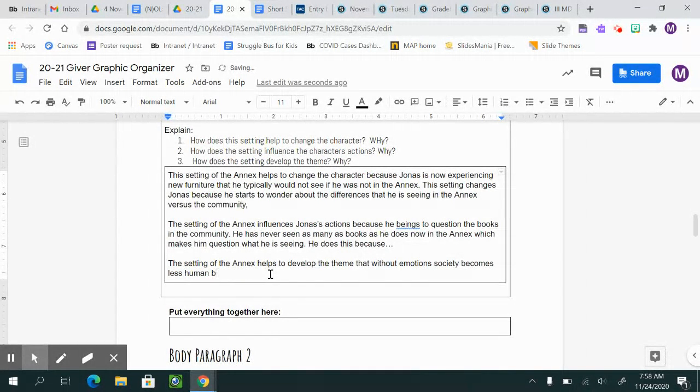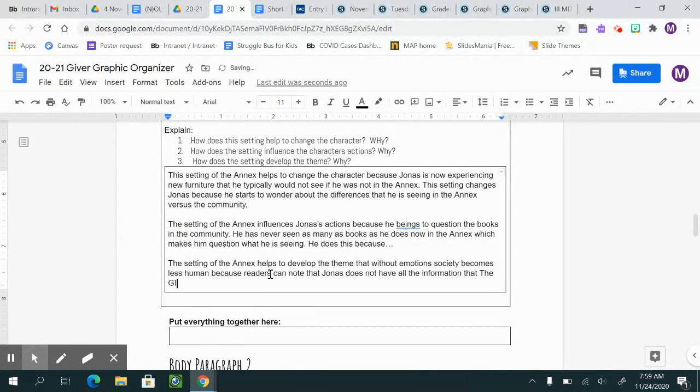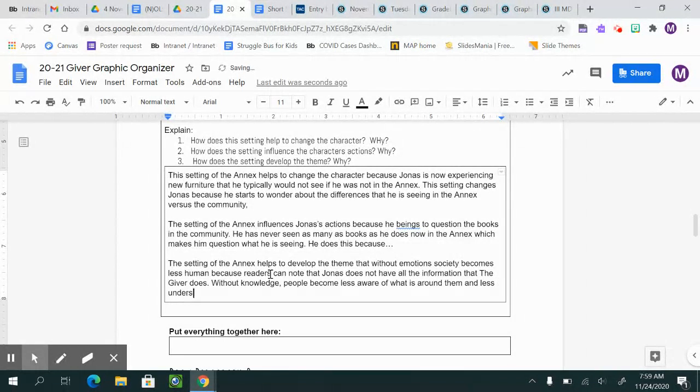Because the setting of the annex helps to develop a theme that without emotion, society becomes less human because readers can note that Jonas does not have all the information that the giver does. Without knowledge, people become less aware of what is around them and less understanding. And you can keep going on and fully develop how that really truly does develop the theme.